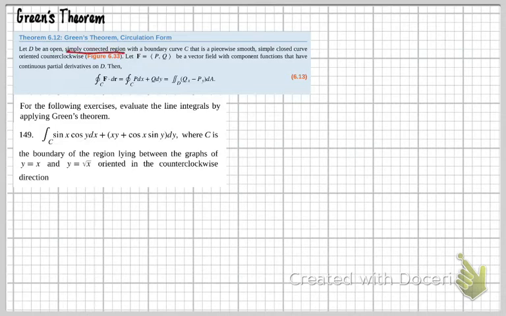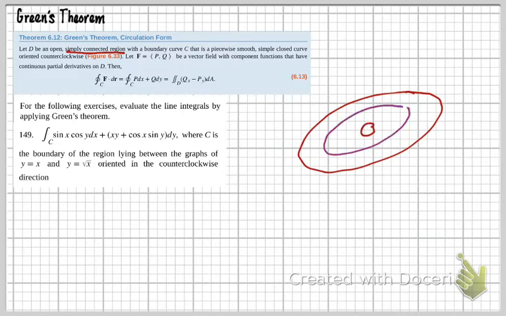Simply connected region means that my region cannot have any holes, because the definition of simply connected region means if I draw a closed curve in there, it has to be able to sink down to a point and stay in that region.